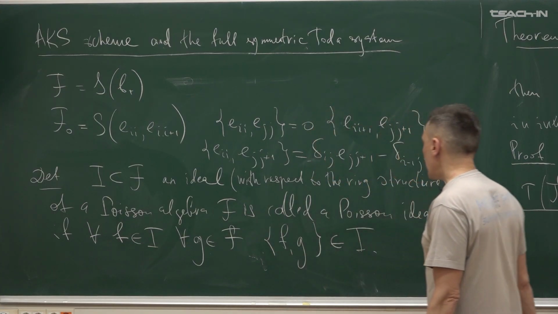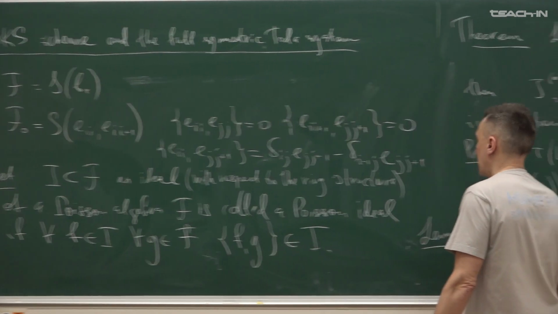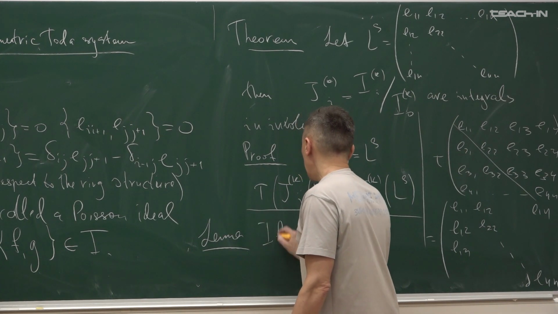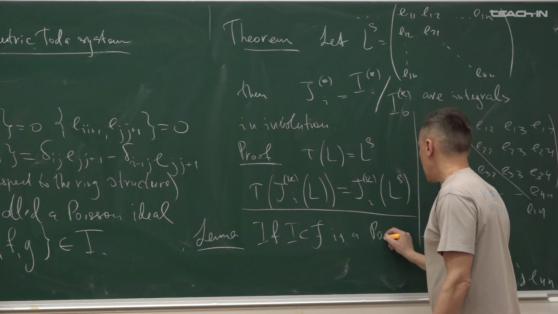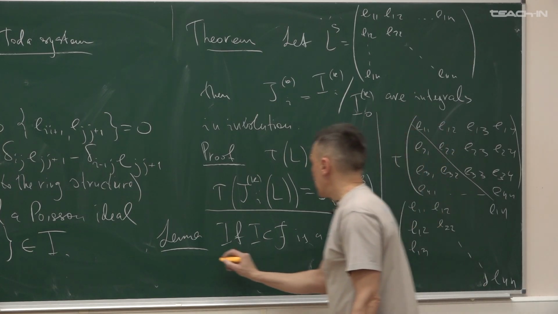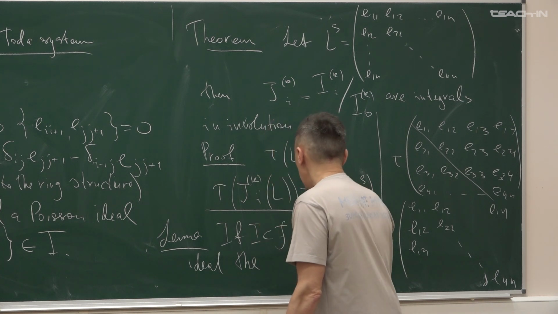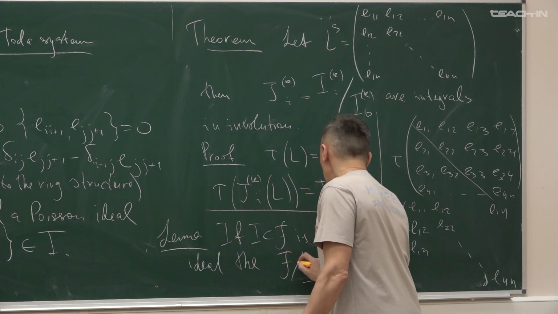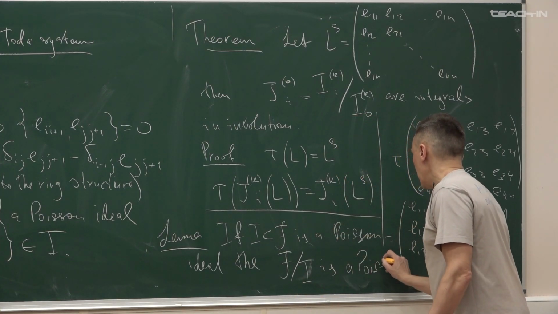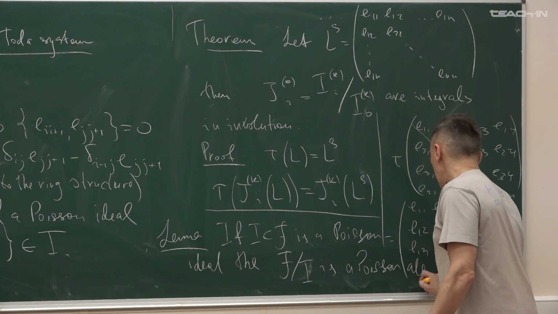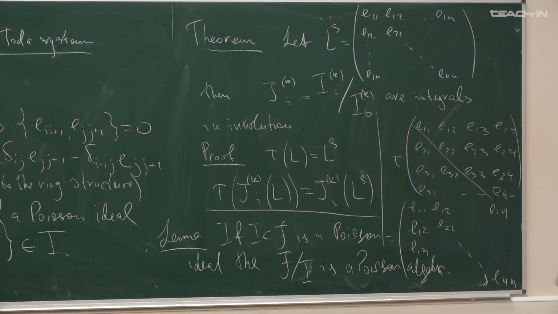You see? So in this case, lemma: if I is a Poisson ideal, then the quotient F/I is a Poisson algebra. Just a quotient.